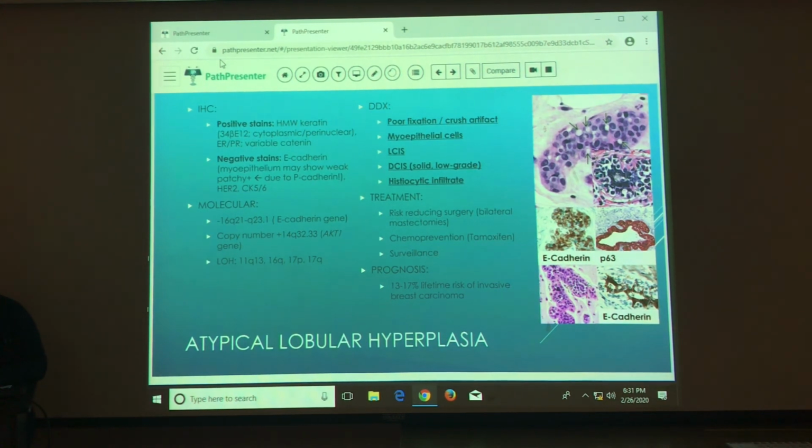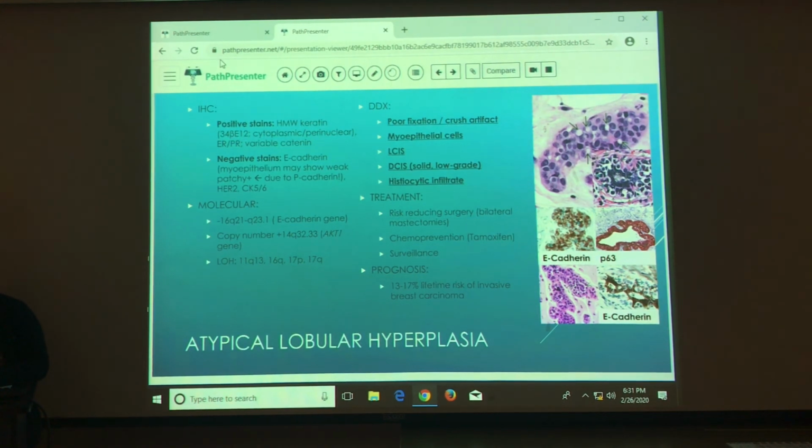So things that they can offer the patient is risk-reducing surgery. Well, if they're going to do risk-reducing surgery, that means they're going to do bilateral mastectomies. Not a lot of patients want to go for that. Okay, well they could do 5-10 years of tamoxifen with all its side effects, and a lot of patients don't want to do that either.